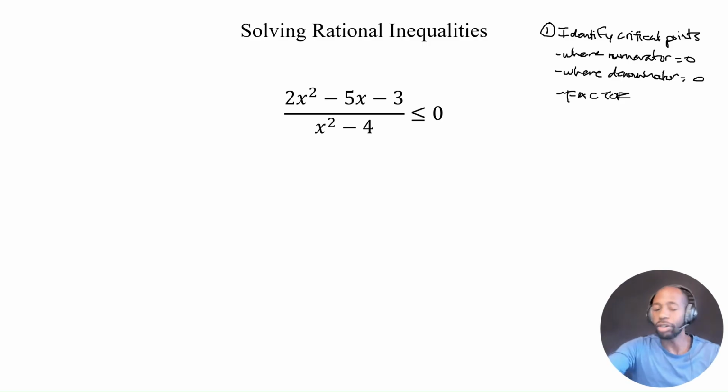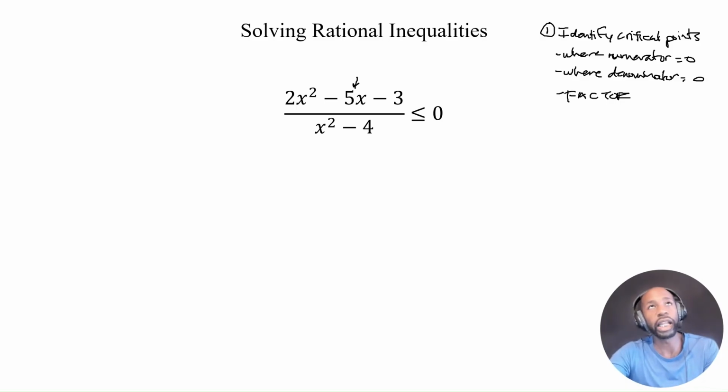Okay? So let's factor 2x squared minus 5x minus 3. So first of all, the way we're going to do that is we want to see how can we split up this middle term in such a way that we can factor by grouping. So what I'm looking at is the negative 5x.